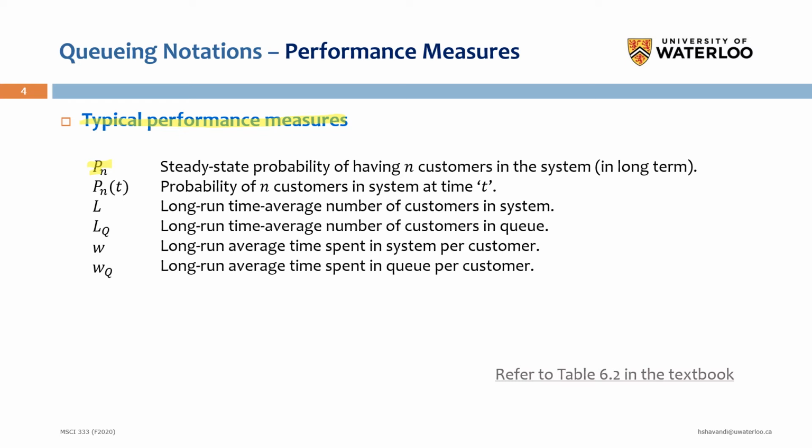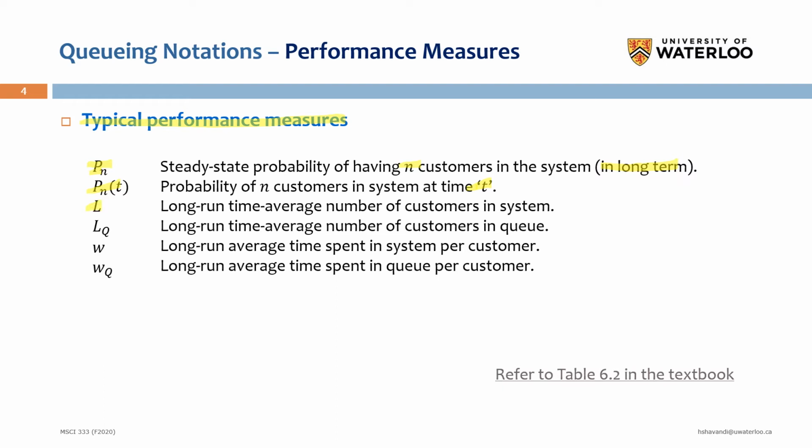Pn is the steady state probability of having n customers in the system in the long term. And Pn(t) is the probability of n customers in the system at time t. So Pn is in the long term, but Pn(t) is at time t.